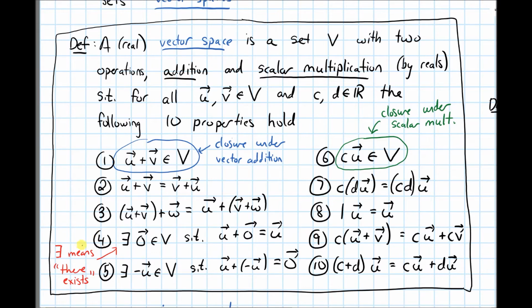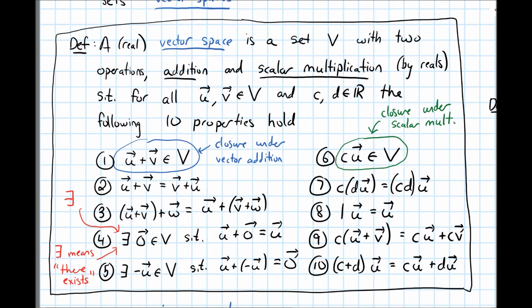One notational thing that I want to point out is this symbol here that looks like a backwards capital E. That's a math symbol that means there exists. So property 4 is saying there exists a 0 vector in our set V, and it has the property that we'd expect: when we add 0 to a vector u, we just get u.